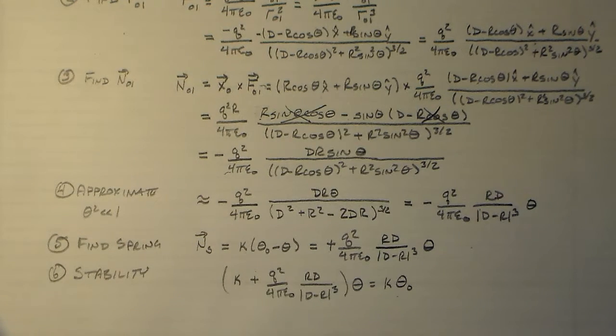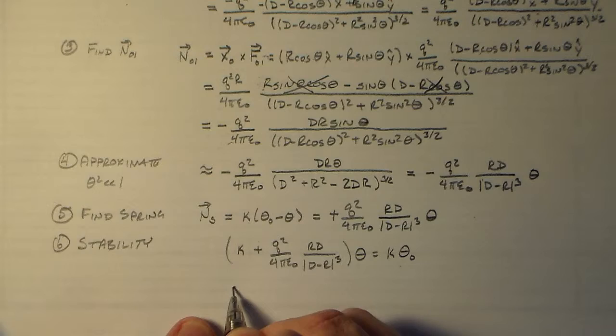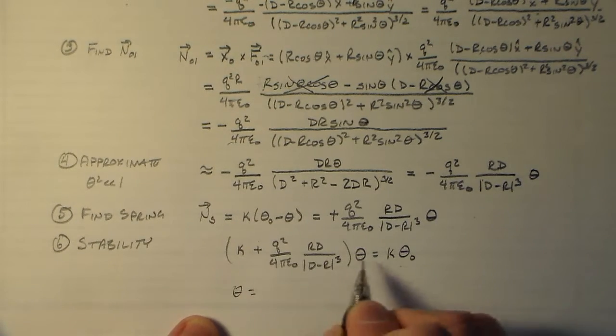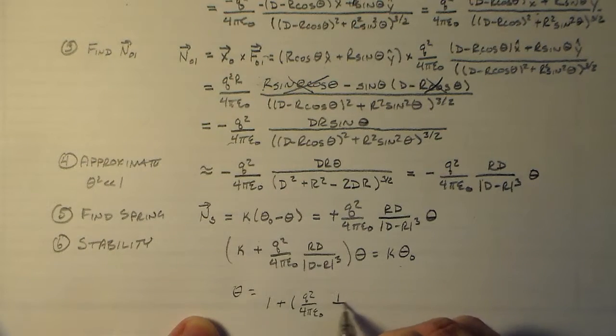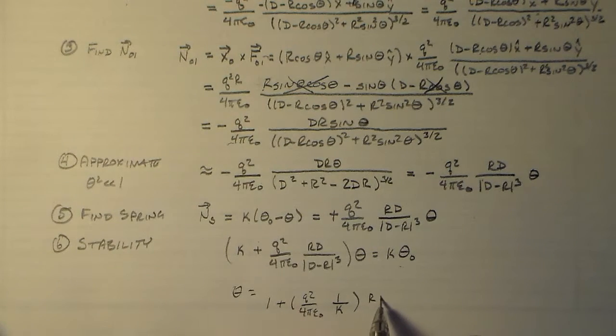Everything's looking good, and then we just say, all right, theta is equal to, if we divide through by the kappa, 1 plus q squared over 4 pi epsilon naught times 1 over kappa, which should remind you of what we did in class on Wednesday, times rd over the absolute value of d minus r cubed, and theta naught in the numerator.